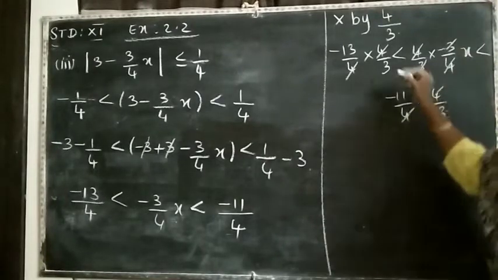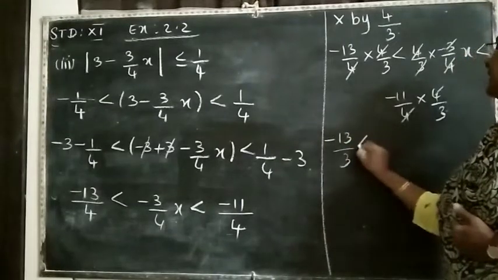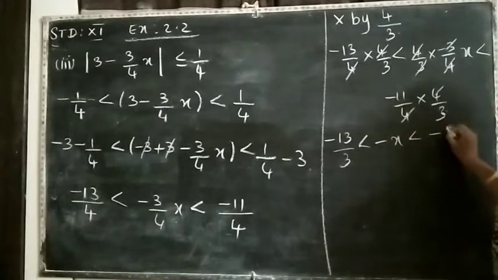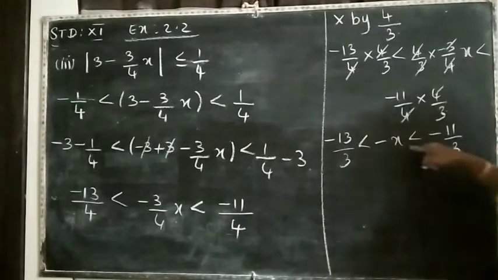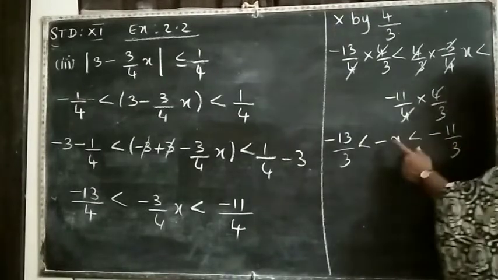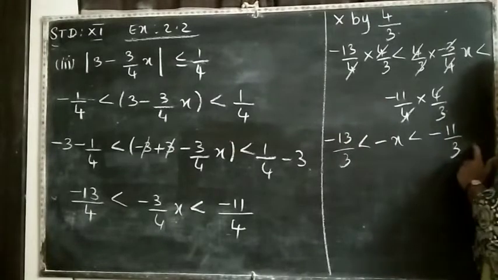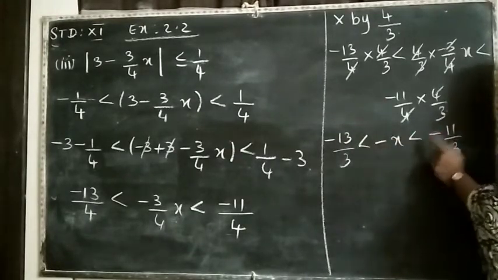So we can rewrite the answer as minus 13 divided by 3 less than minus x less than minus 11 by 3. We should be very careful about this minus in x. Okay, so I don't want the sign of minus. So throughout I am going to multiply by minus. If I multiply by minus, this inequality sign will change.